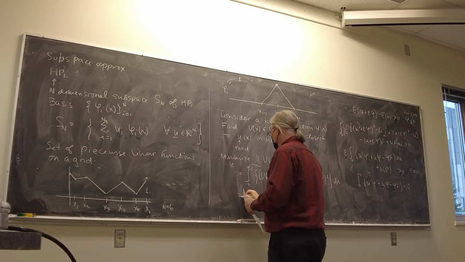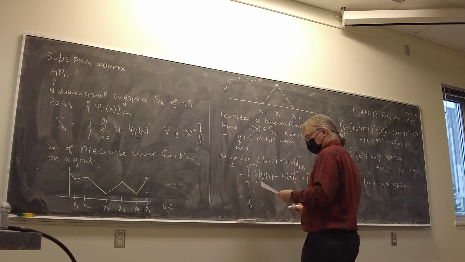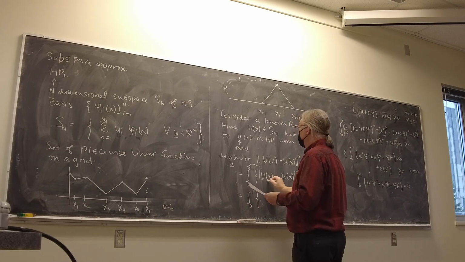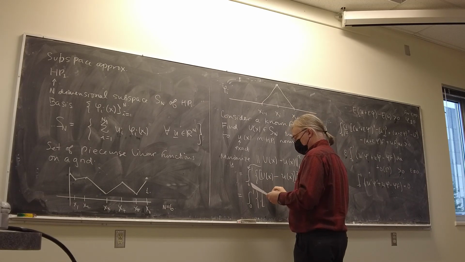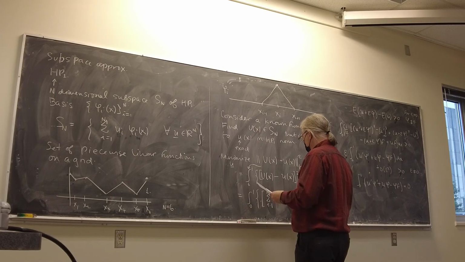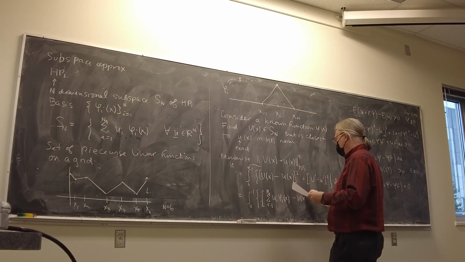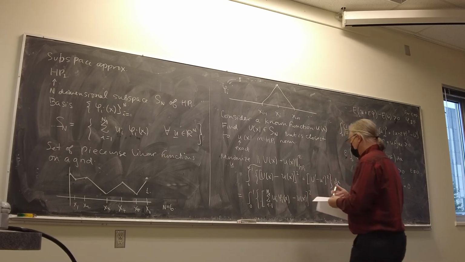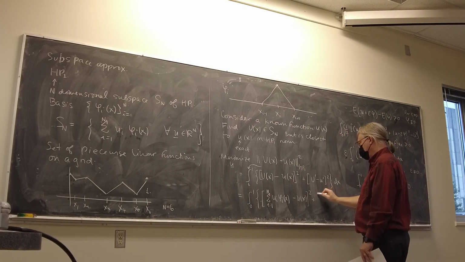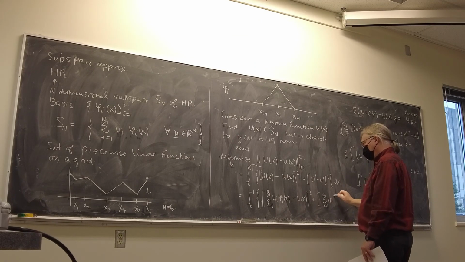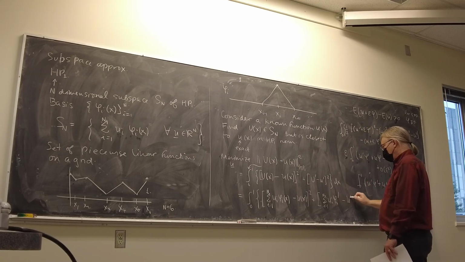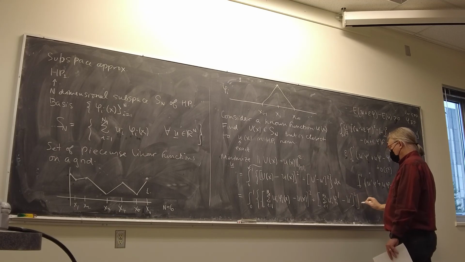And if I put in what this u is, this is the sum from i equals 1 to capital N of u_i phi_i of x minus u of x, and this is the sum of the same thing with derivatives, prime squared dx.